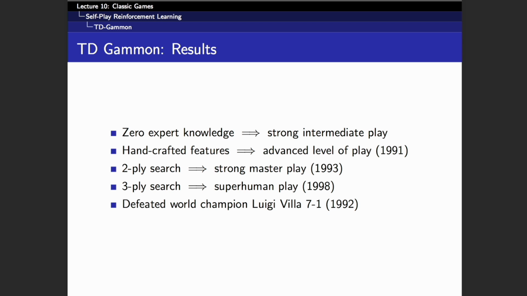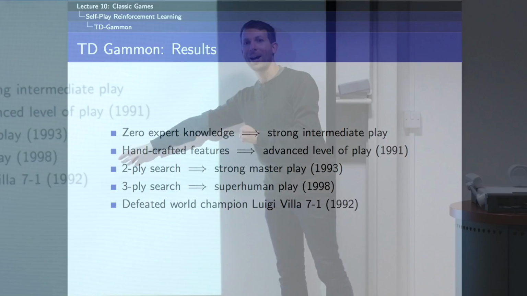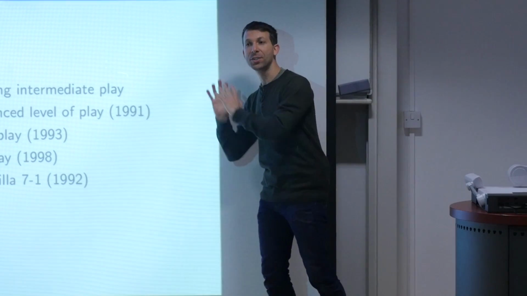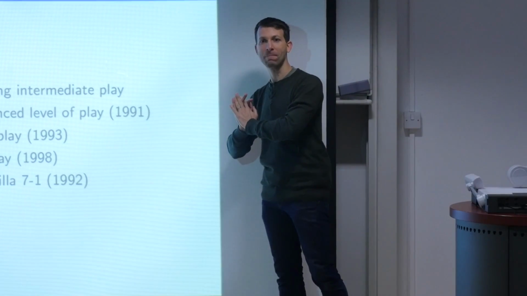It did have some search on top of this, so it was using a three-step lookahead using alpha-beta search. Once it had this, it was using that as the leaf value of this minimax search and bubbling those minimax values back up to the root to decide what to do. It also, back in this version which actually performed this result, I slightly lied in that it also had some expert knowledge in there.